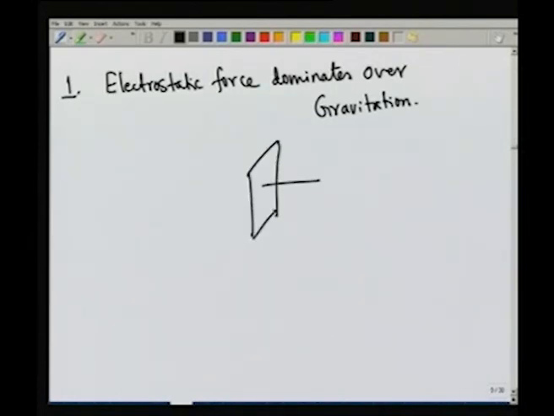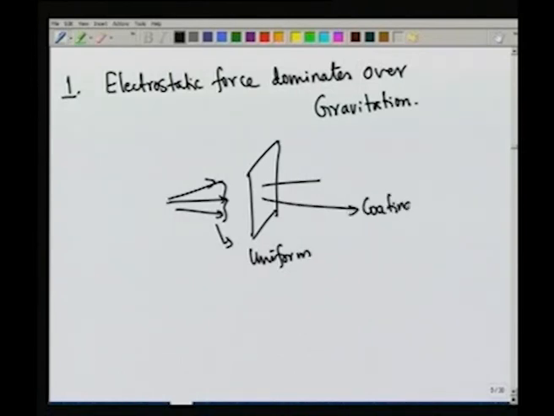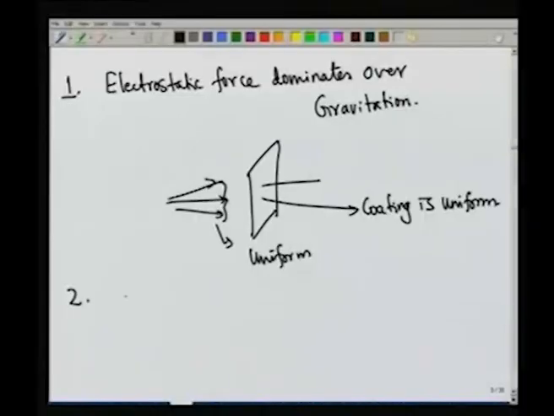I hold it at a certain voltage, and if I have a gun and I spray it, the effect of gravitation is negligible, and so long as this is uniform, the coating is also uniform. Secondly, the voltage difference that I apply is easily measurable. Unlike gravitational force, which is very weak, this is easily measurable.